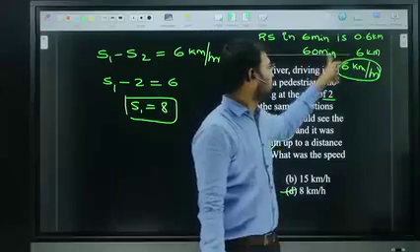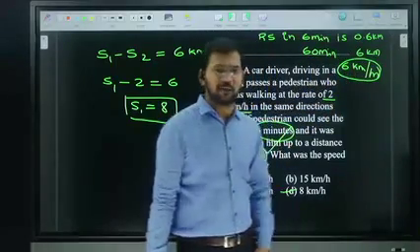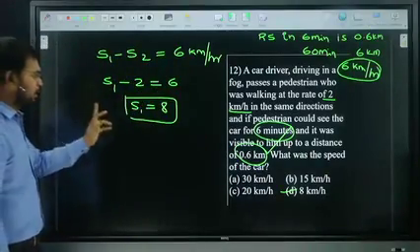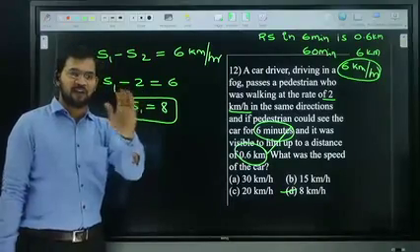Therefore, in 1 hour, the relative speed is 6 kilometers, that is 6 km per hour. Man speed is 2, therefore S1 is 8. The car speed is 8 km per hour. All of you clear?